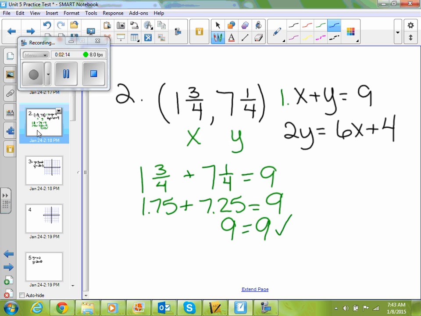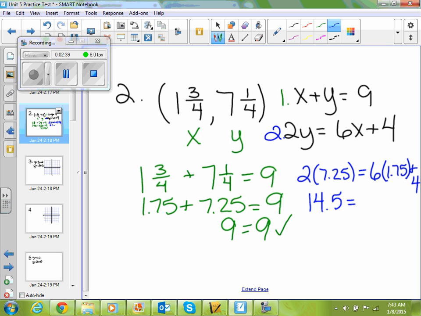Okay, there's my first equation. Second equation that I have to check is 2y = 6x + 4. So we just figured out my y is 7.25. So 2 times 7.25 = 6 times 1.75 + 4. Well, 2 times 7.25 is 14.5. 6 times 1.75 is 10.5.